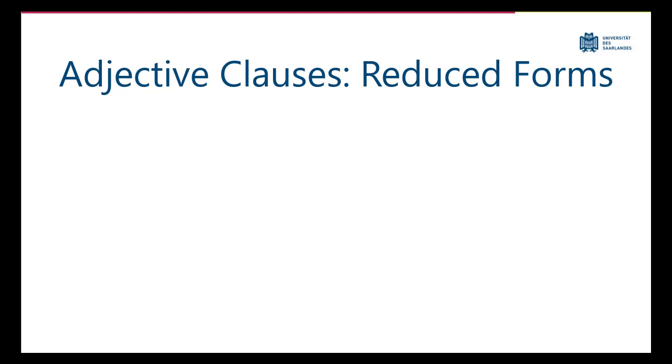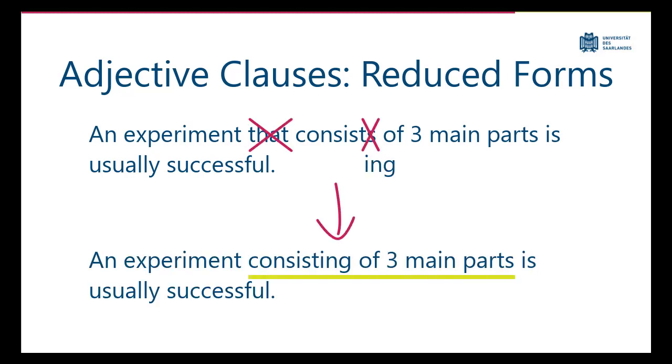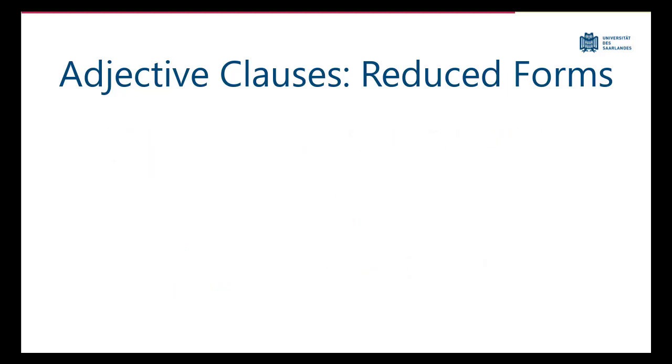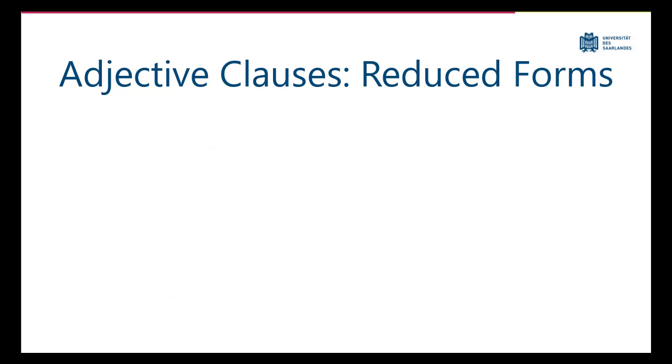"Okay," Linda says. "So I could change the sentence, an experiment that consists of 3 main parts is usually successful, to an experiment consisting of 3 main parts is usually successful, right?" "That's right," beams John. "Anything else?" Linda asks, eager to try out some of these forms in her paper. "Just one thing," John says.